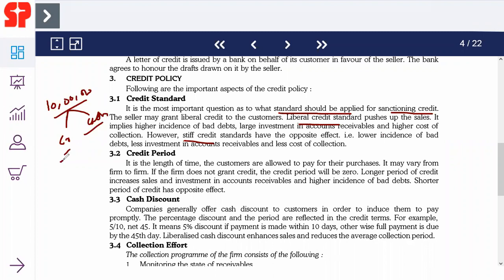You can say 70% on credit and 30% on cash, or it can be the opposite way also, or you can say 50-50. This should be determined in the credit standard policy. Understood?